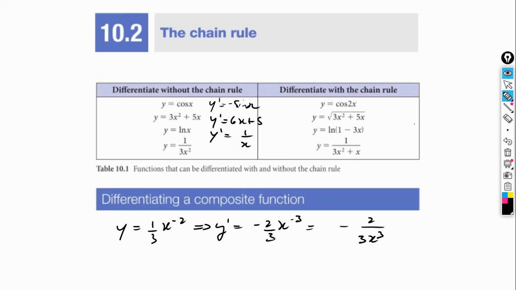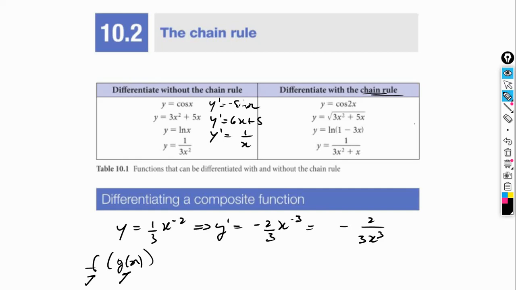So to the right we have functions that we would have to differentiate with the chain rule. So why with the chain rule? Well, the reason is that these functions are composite functions. So remember that a composite function is of the form f of g of x, where we have the function g of x inside f of x.